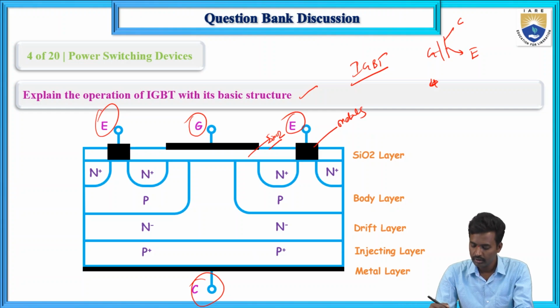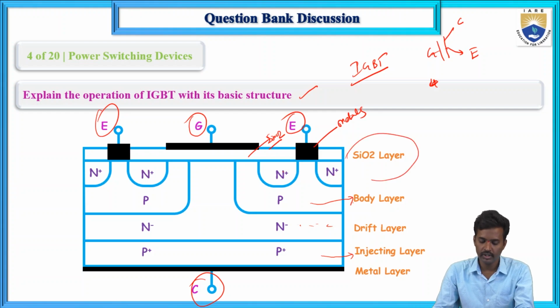This layer is the injecting layer. Holes are injected into the N minus layer, and next this is the drift layer, the N minus layer. Here it is a body layer and the N plus layer is next to the SiO2 layer. So this is the construction of the IGBT.